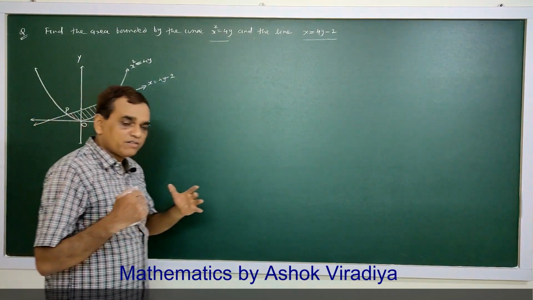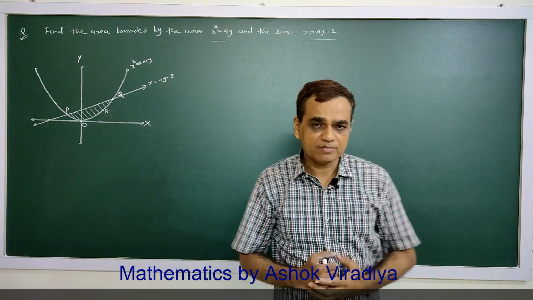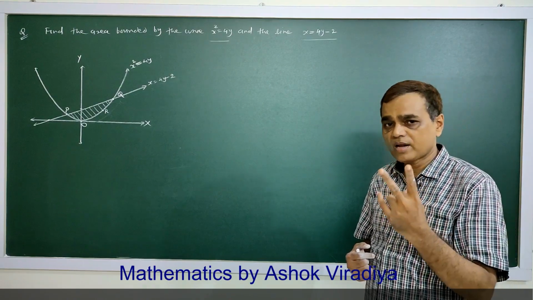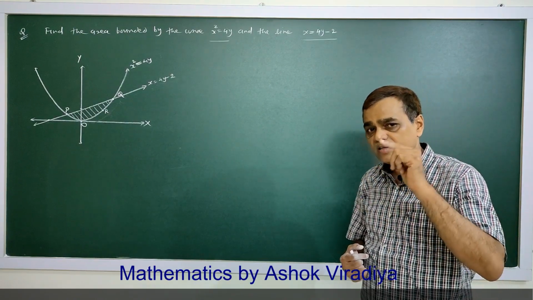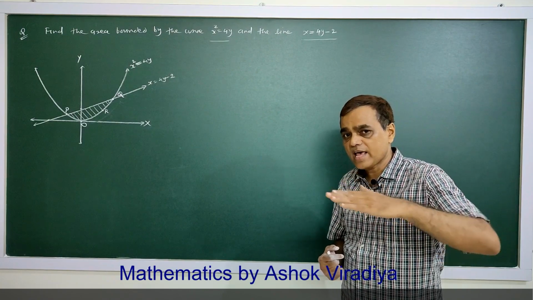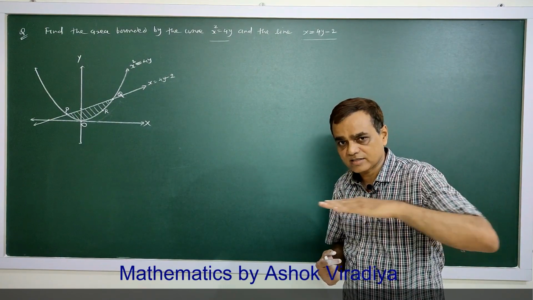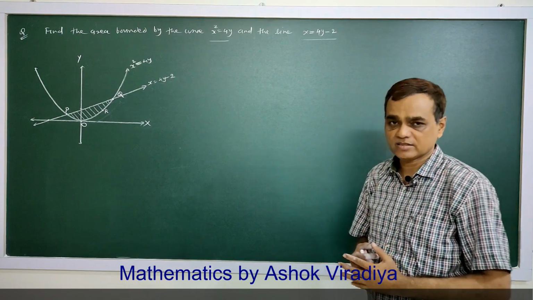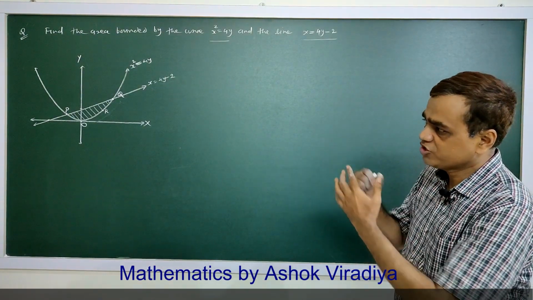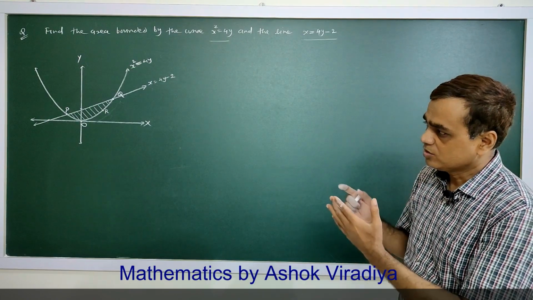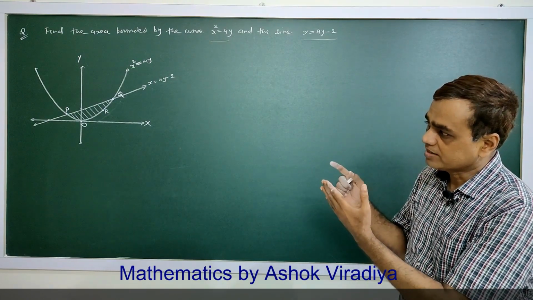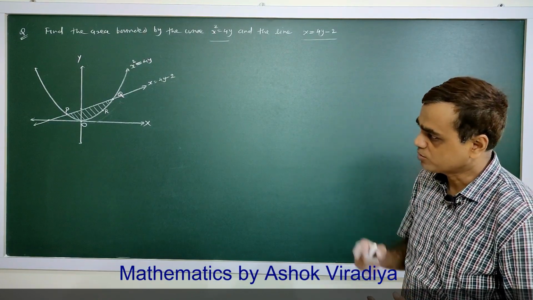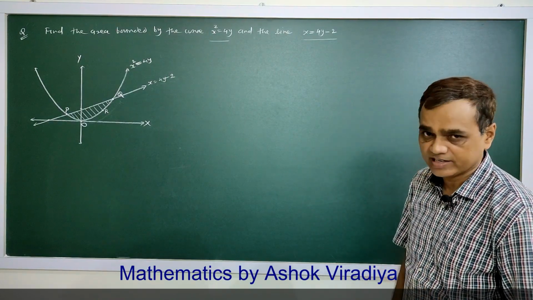Now, whatever we are applying in this chapter, we are using two methods. To apply any one method, either you should have the x-axis as a boundary line or the y-axis as a boundary line. In this shaded region, neither the x-axis nor the y-axis is a boundary line.